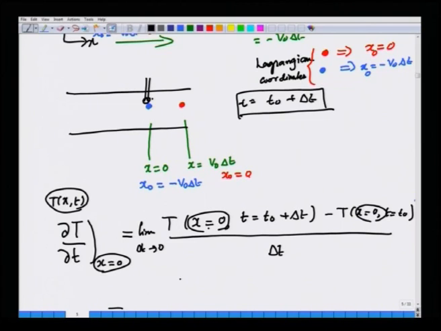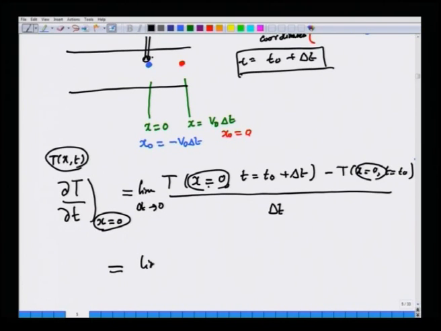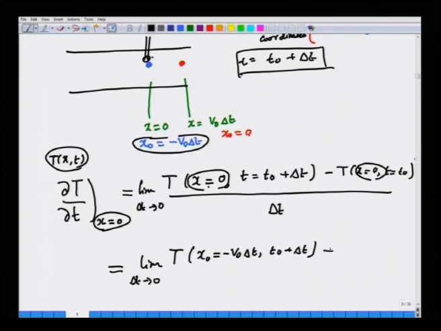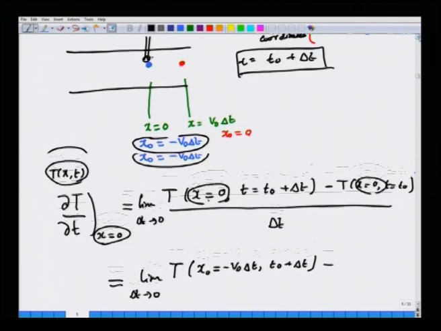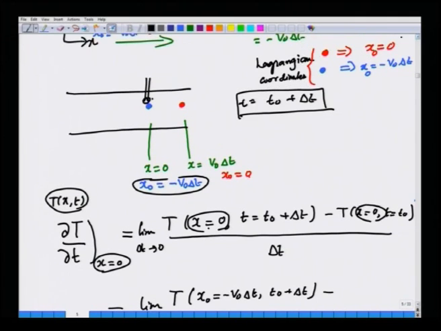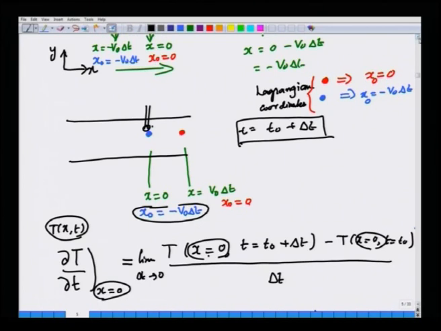So, the temperature the thermometer will measure is nothing but, in the limit delta t tends to 0, the temperature of the blue particle, which is identified by its Lagrangian variable, x naught equal to minus v0 delta t, at time t0 plus delta t, minus the temperature at x equal to 0 at time t0.